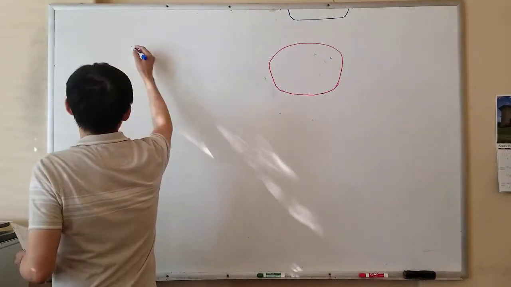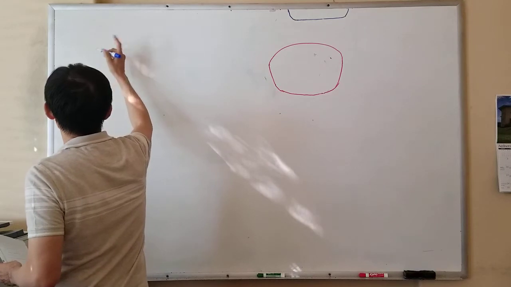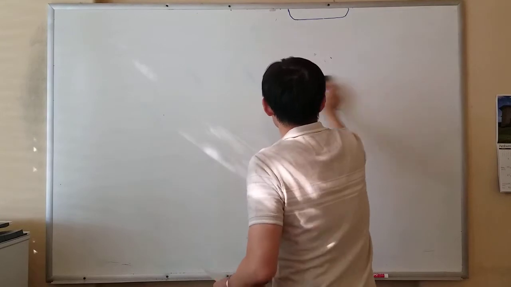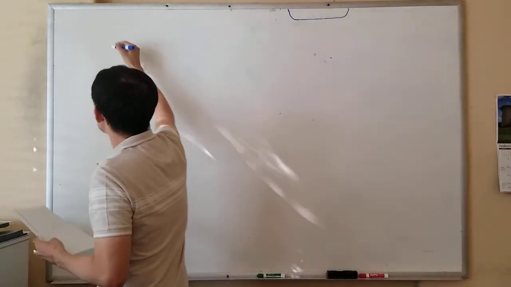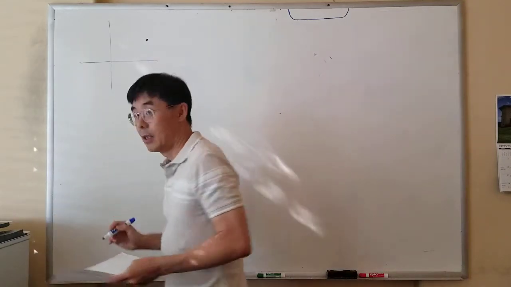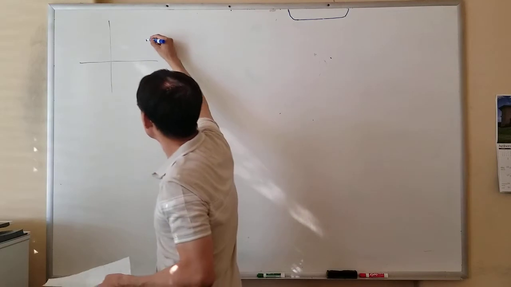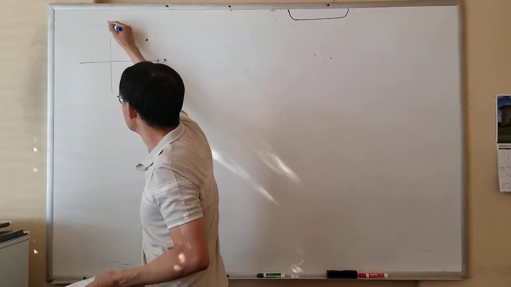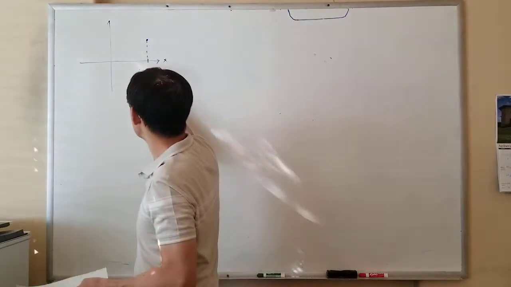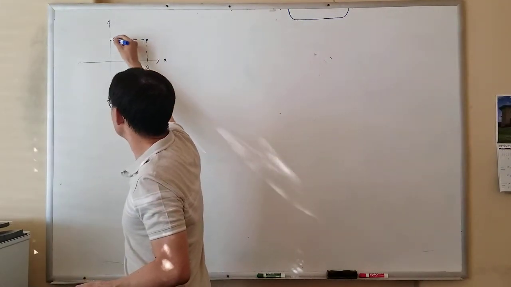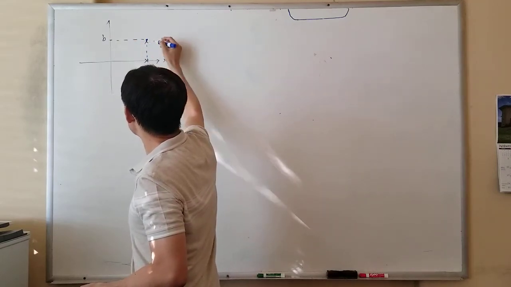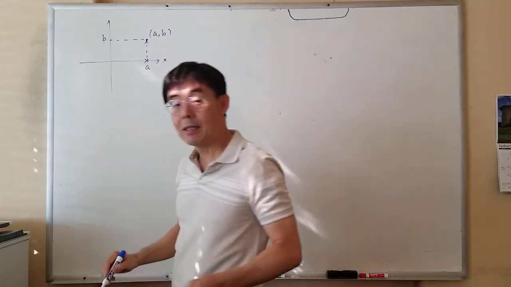As you know very well, in the two-dimensional coordinate system, the way we describe the location of a point in the XY coordinate system is by reading how much you move horizontally from the origin and how much vertically. By A, by B, then this is point (A, B).